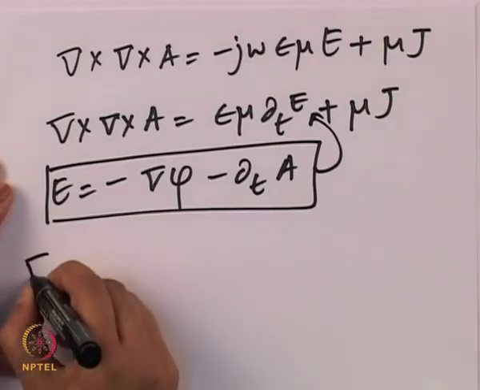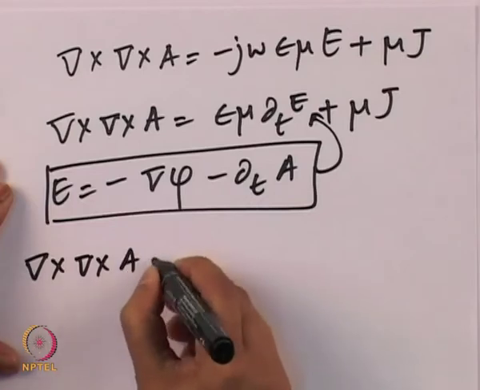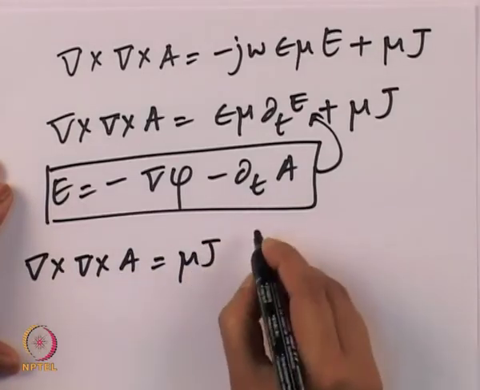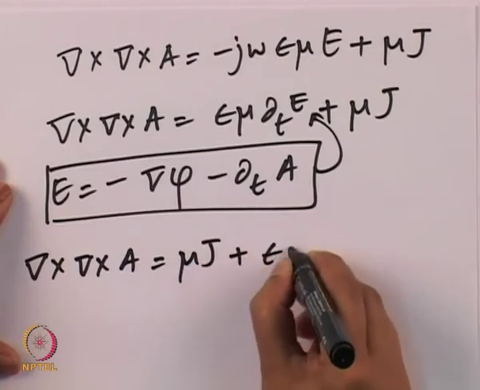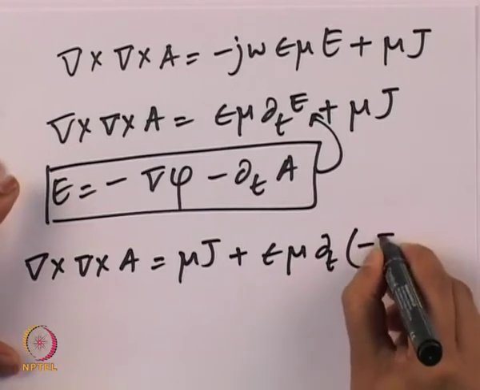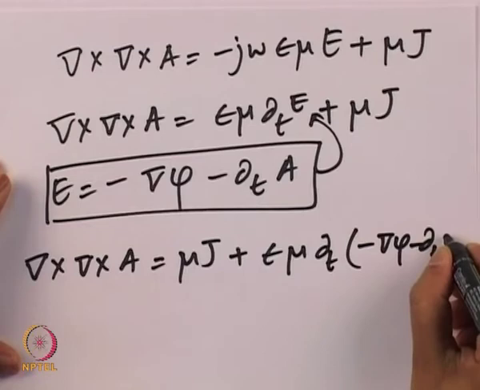So we get curl of curl of A is equal to mu J plus epsilon mu dt of minus gradient of phi minus dt of A.